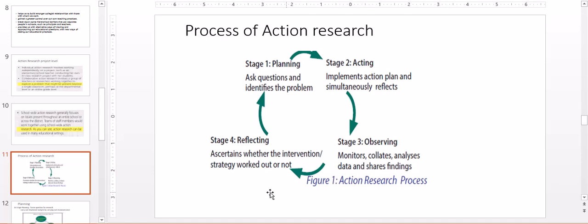These data are analyzed and ultimately teachers reflect upon what the analysis says. Does the analysis show that what was planned in the beginning is helping or supporting? If it is not working as planned, then they need to replan, act upon it, and continue to do this. This is what we call the action research cycle or the action research process.